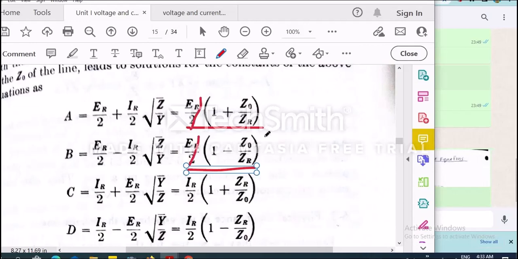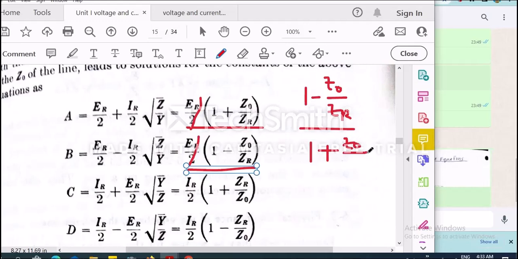You will get 1 minus Z0 by ZR divided by 1 plus Z0 by ZR.